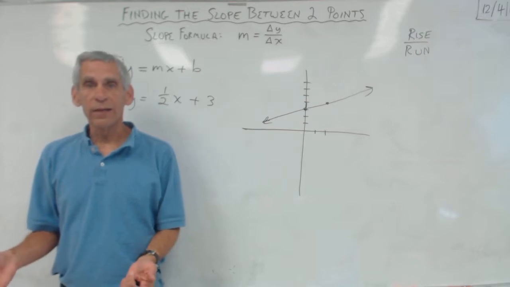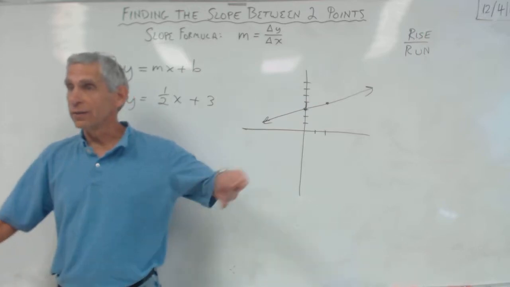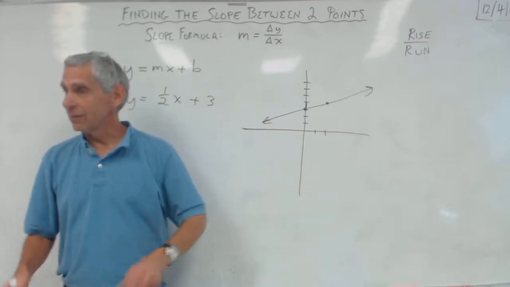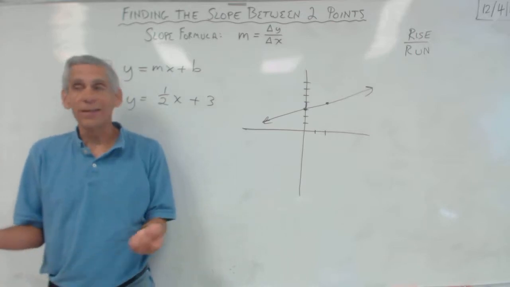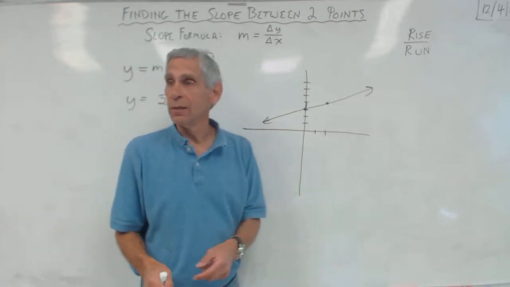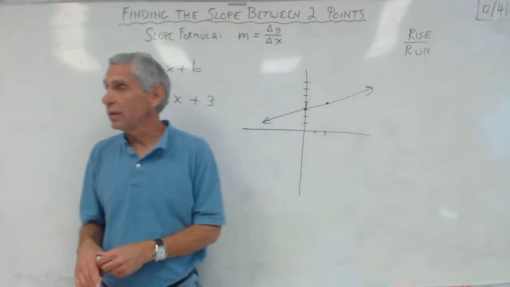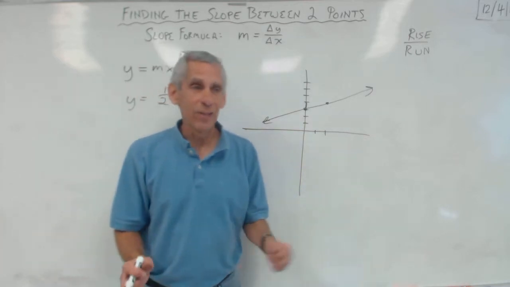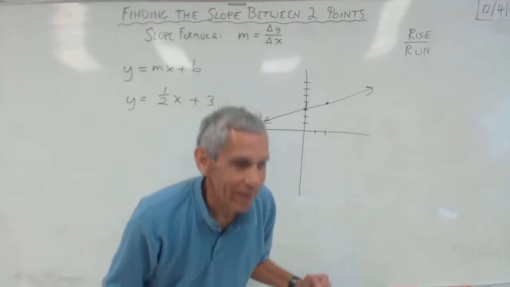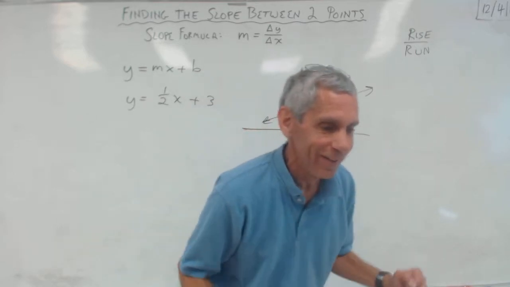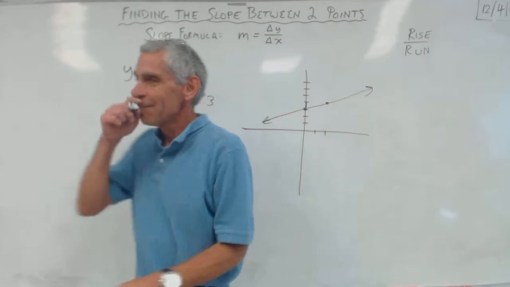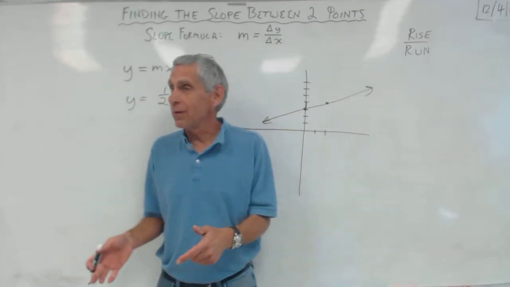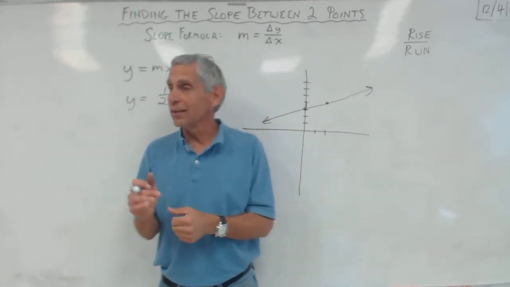So a green on a ski slope is very easy. Give me an example of what you think the slope would be. You rise 1 foot and run like 50 feet, and then you're just slowly moving, right? But what if it was a black diamond? Give me an example of what you think the slope might be.